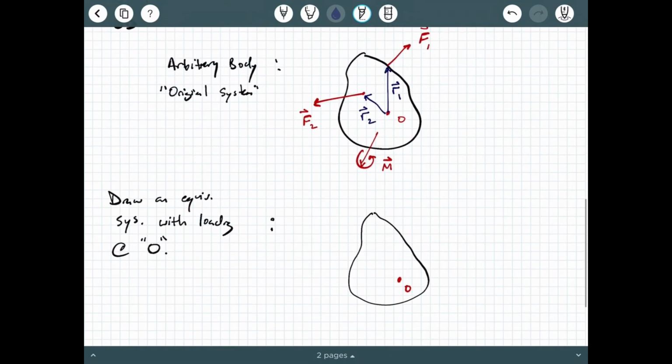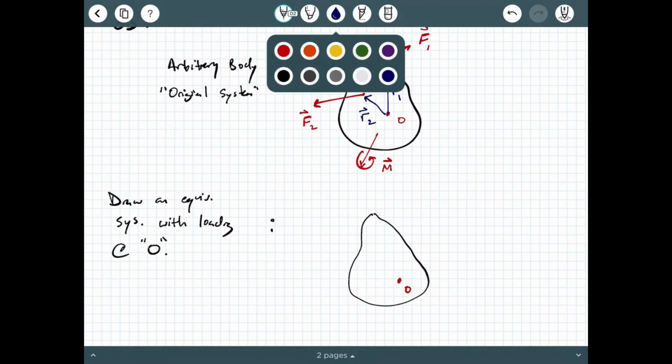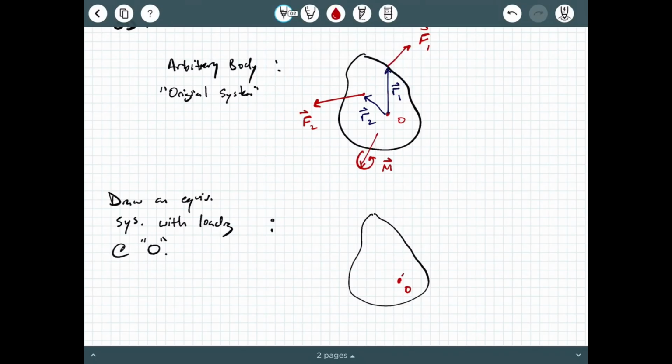At point O, we're going to have our forces translated over. We're going to call this Cartesian F1 and this Cartesian F2.